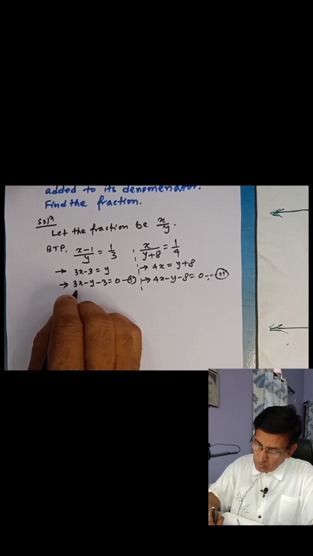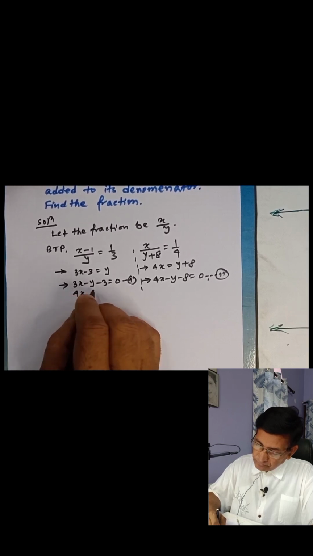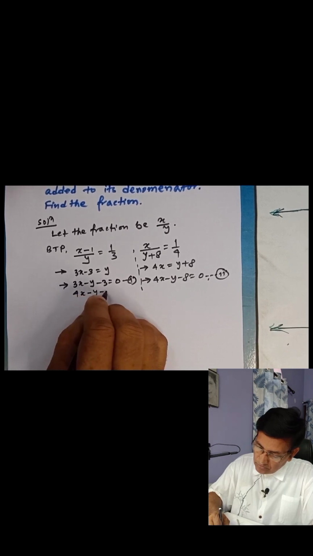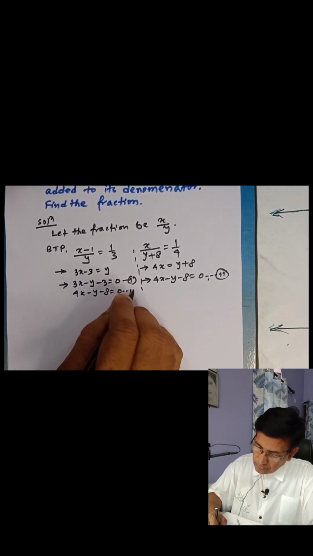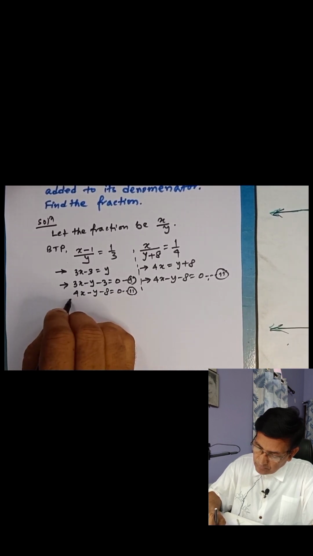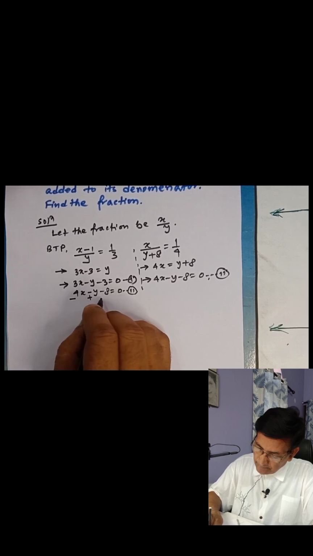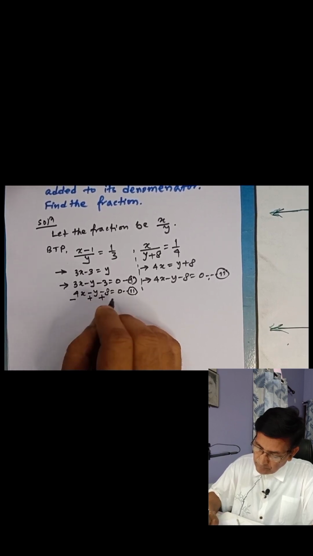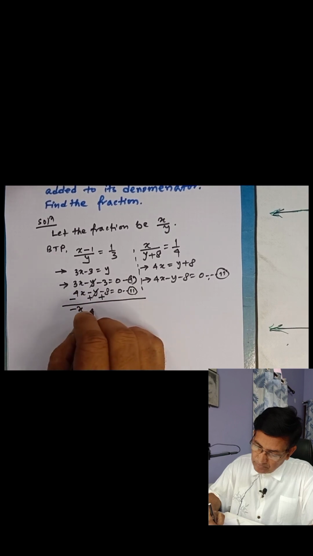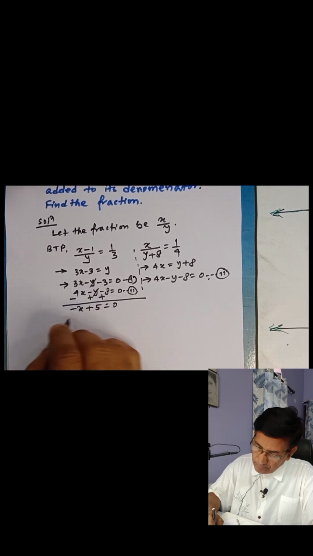We can write here directly 4x minus 3x, minus x, this will be cancelled, plus 5 is equal to 0, or x is equal to 5.